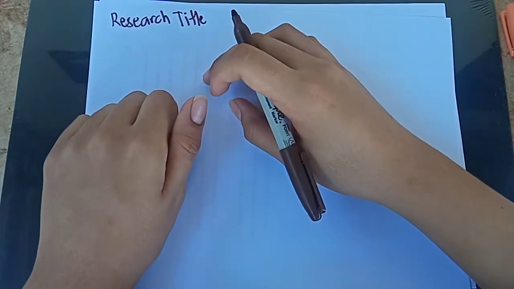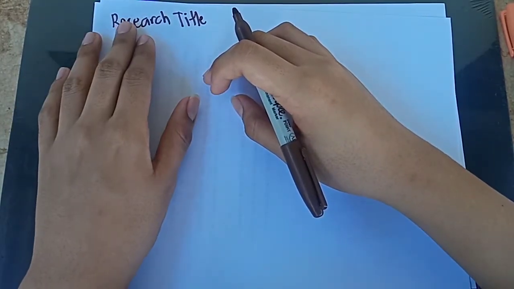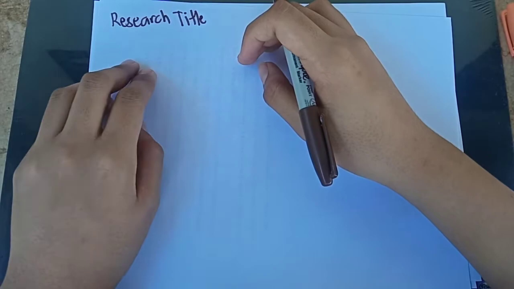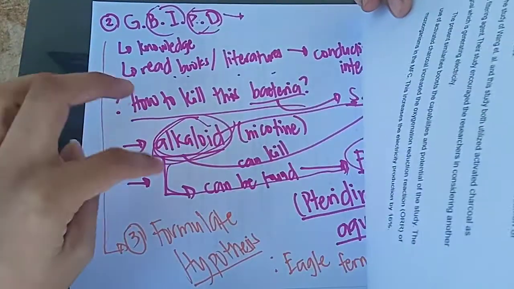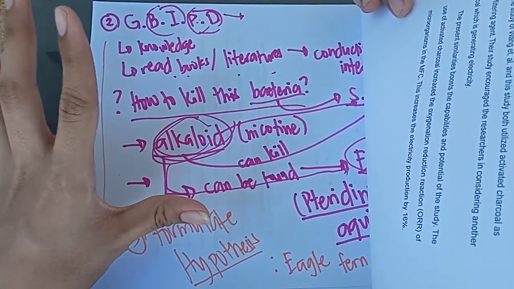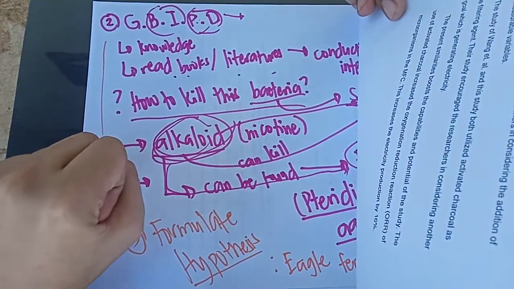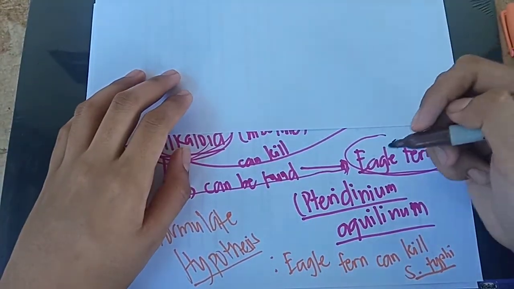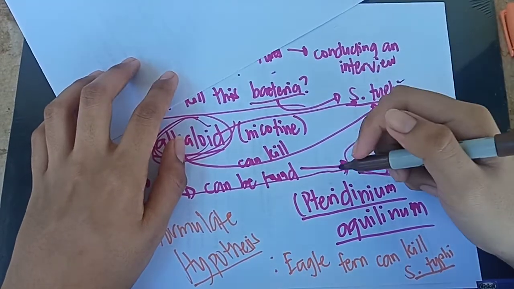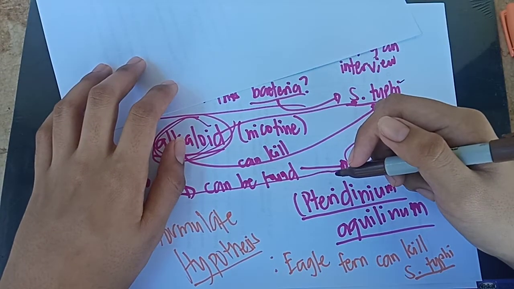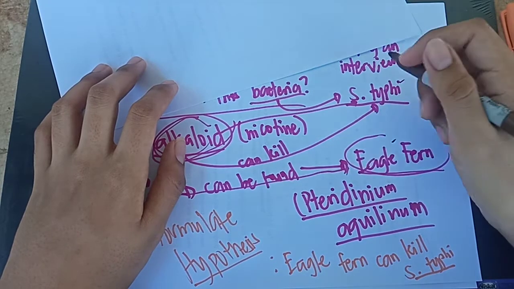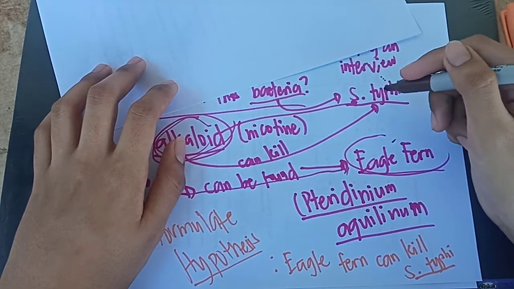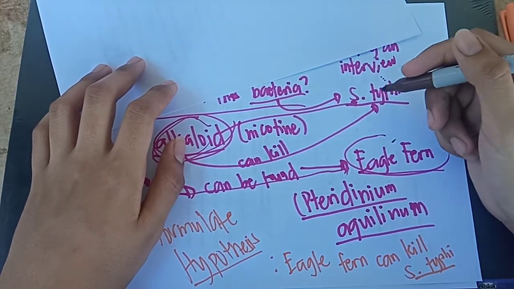Let's say that the independent variable that can be used in our study is the eagle fern because it can kill the Salmonella typhi. Now, the existence of Salmonella typhi would be our dependent variable.